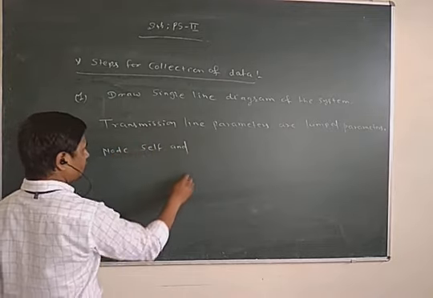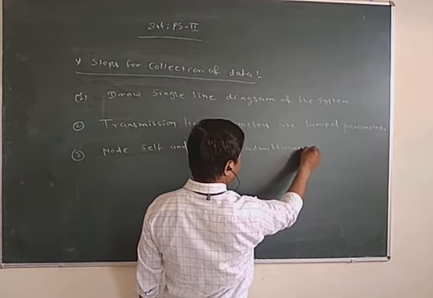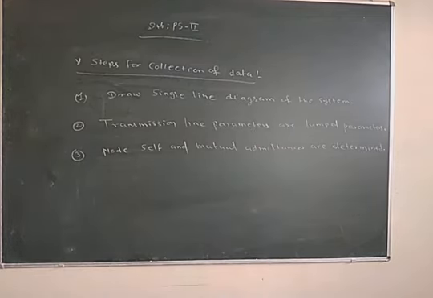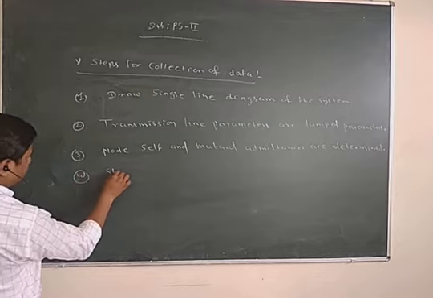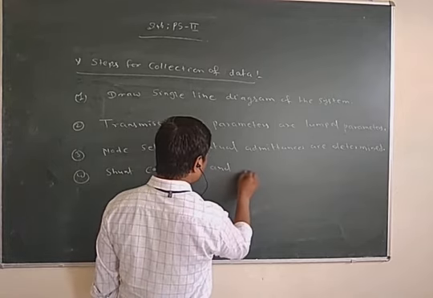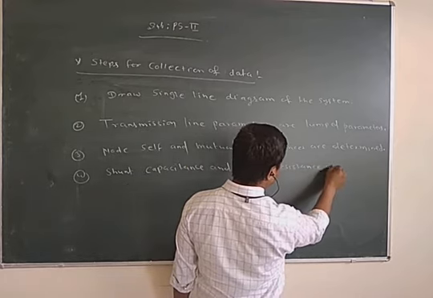Next, the shunt capacitance and per unit resistance and reactance between the terminating buses of the line are found.